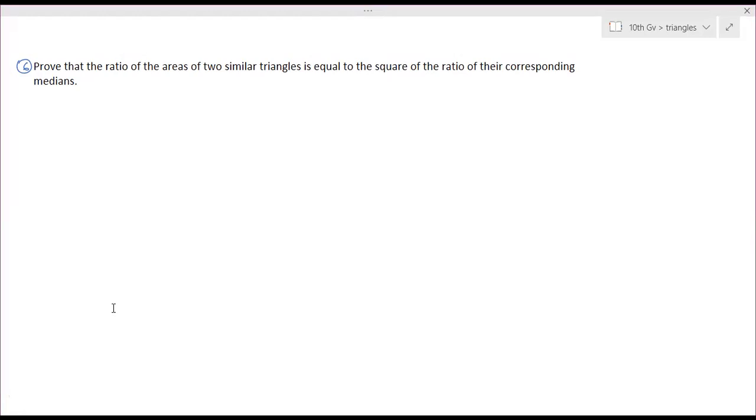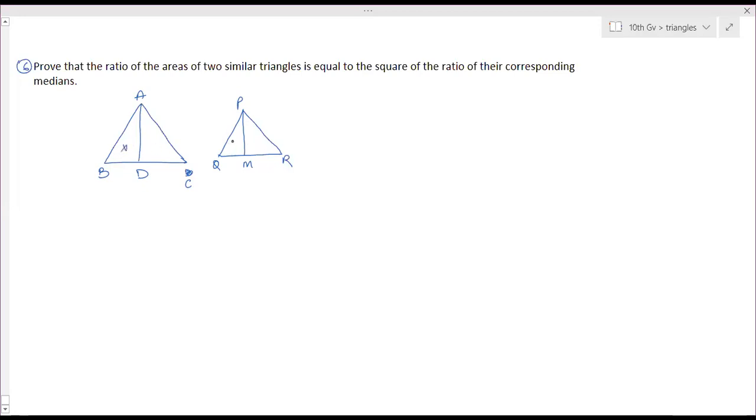You have to show ABD and PQM triangles are similar. Two triangles ABC and PQR are similar.